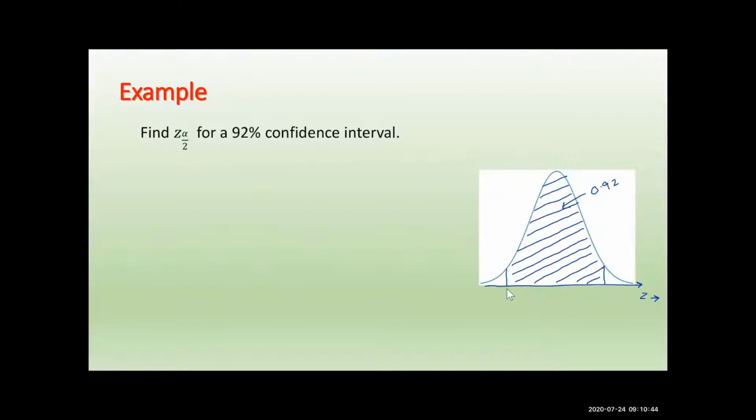The Z score over here and here is Z alpha over 2. This one here is negative Z alpha over 2, because values to the left of the mean, which is here in the middle, are negative, and to the right are positive. So this is positive Z alpha over 2, and this is negative Z alpha over 2.